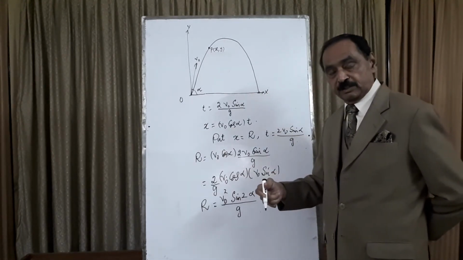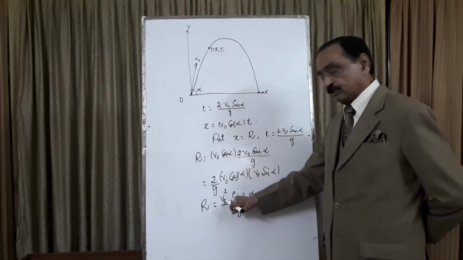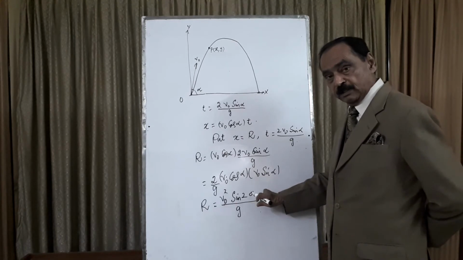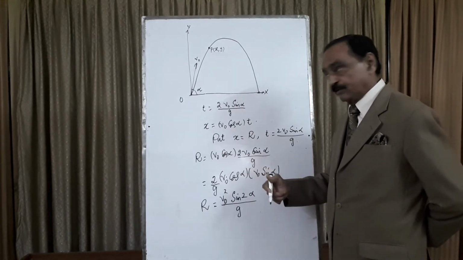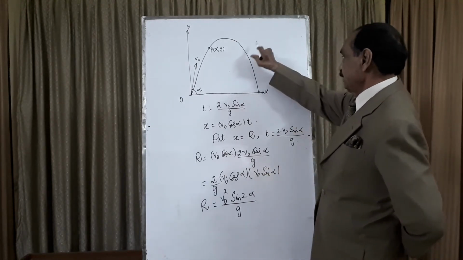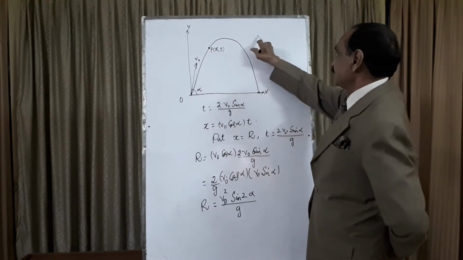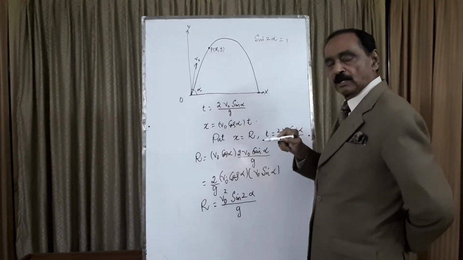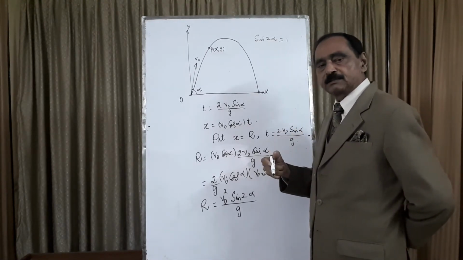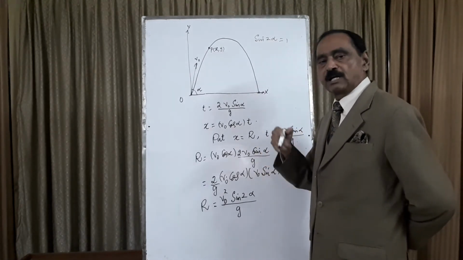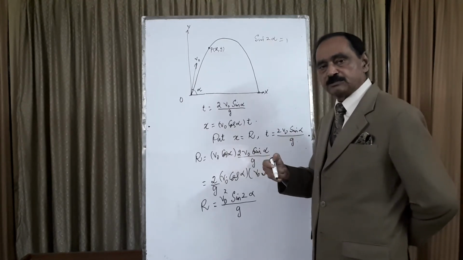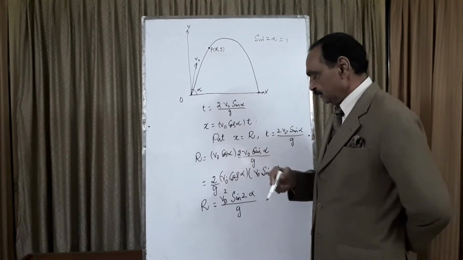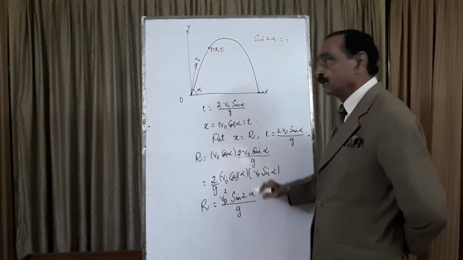This range depends, if v0 is constant, upon alpha, and the maximum value of sine 2 alpha is 1. So for the maximum range, sine 2 alpha is equal to 1. As you know, sine has its maximum value equal to 1, so for the maximum range we can substitute sine 2 alpha equal to 1.